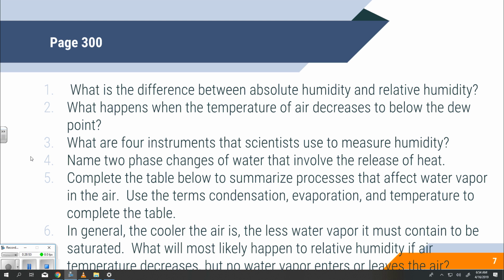Electrical hygrometer, psychrometer, dew cell, and hair hygrometer.